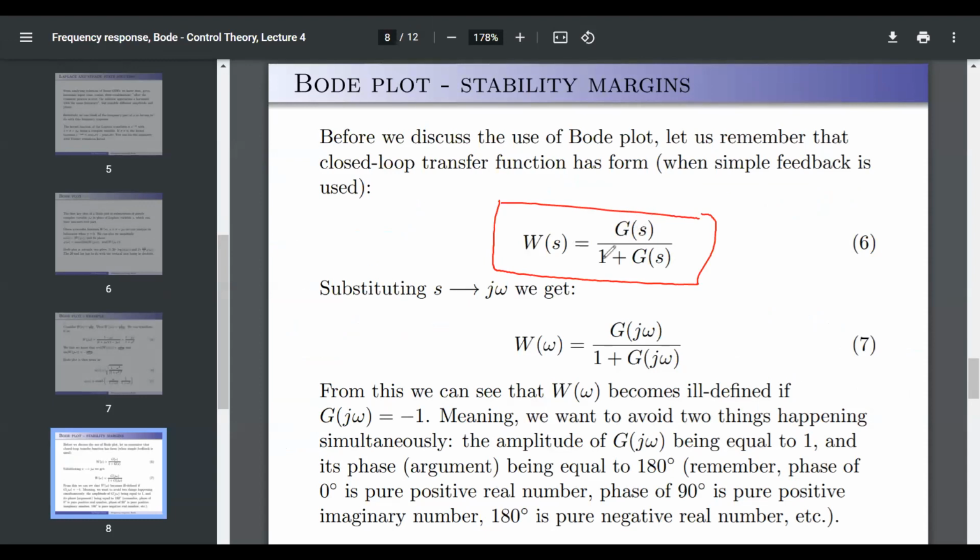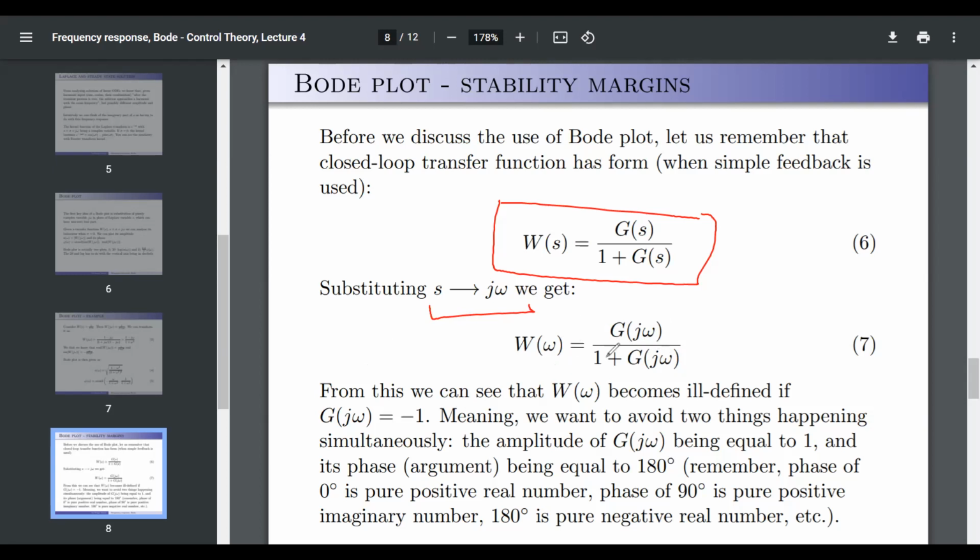It is G(s) divided by 1 plus G(s). We can do the same frequency domain substitution. We get G(j omega) divided by 1 plus G(j omega). The same thing.